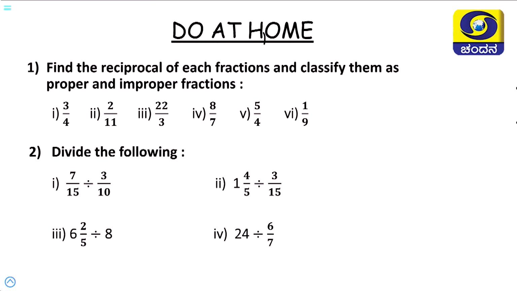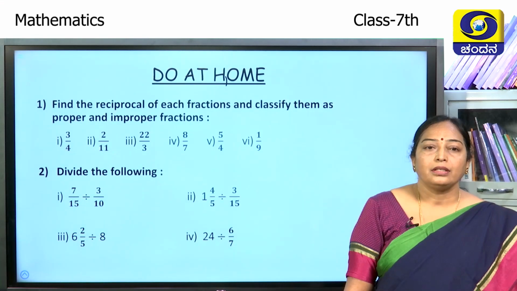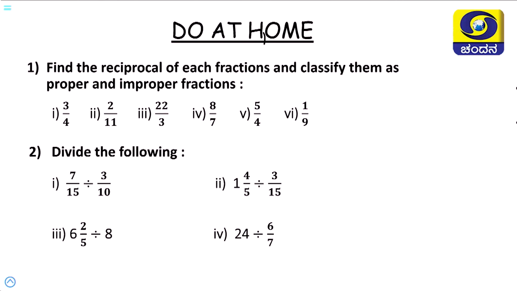Children, it is time to note down the homework. Write down in your notebook. Find the reciprocal of each fraction and classify them as proper and improper fractions. First one, 3 by 4, next 2 by 11, next 22 by 3, next 8 by 7, 5 by 4 and 1 by 9.